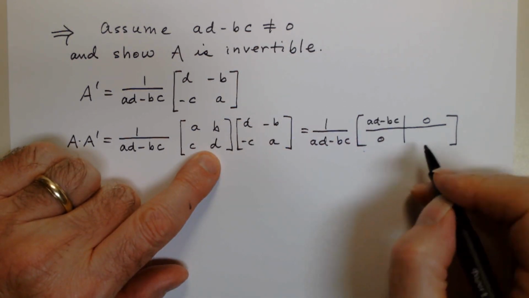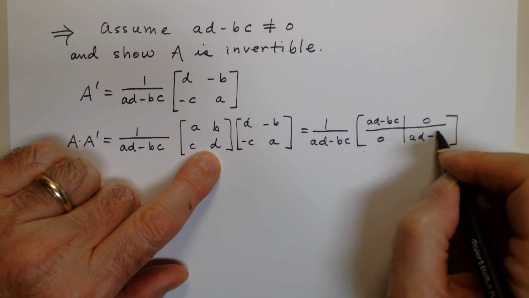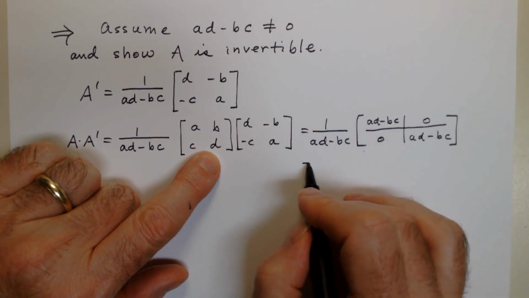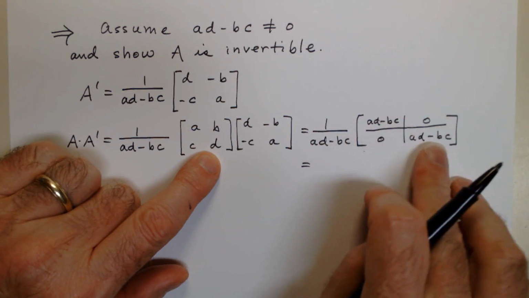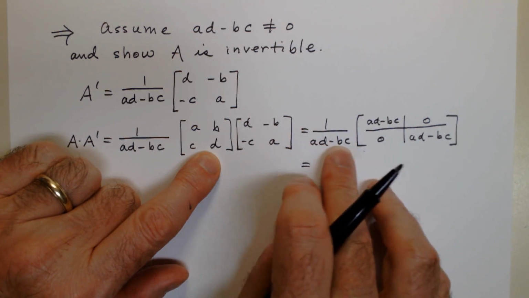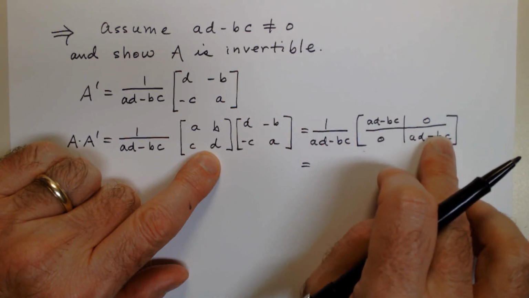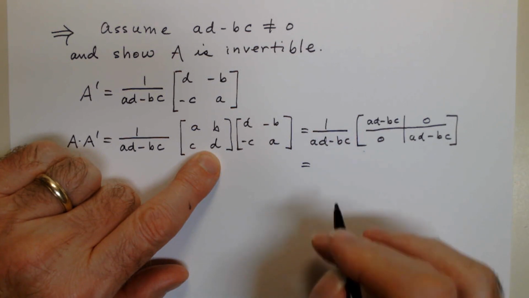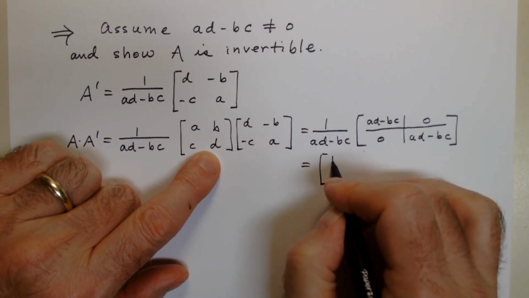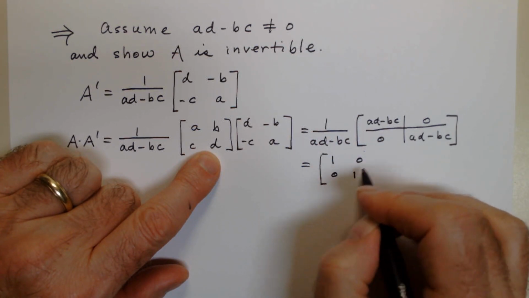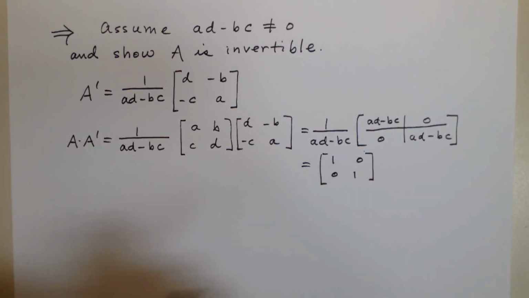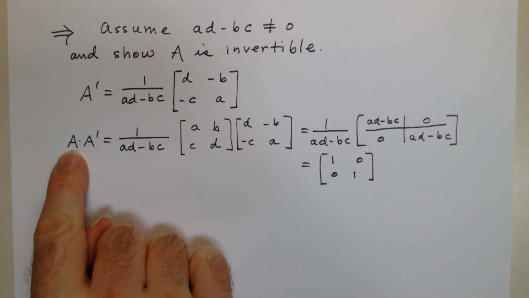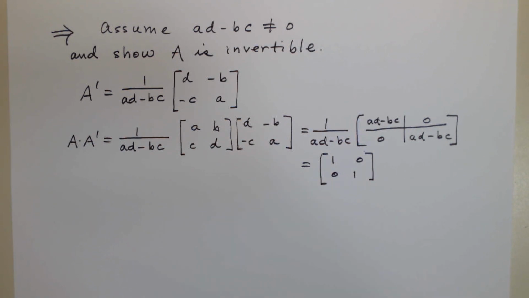That's another AD minus BC. Now I can bring my scaling inside and scale all of the elements by 1 over AD minus BC. That's going to turn this into a 1 and that into a 1. These will remain 0. And so that shows that at least if I multiply in the order A times A prime, I get the 2 by 2 identity matrix.